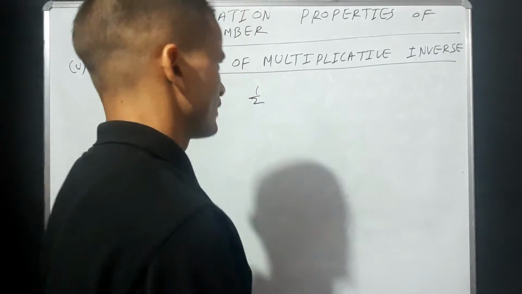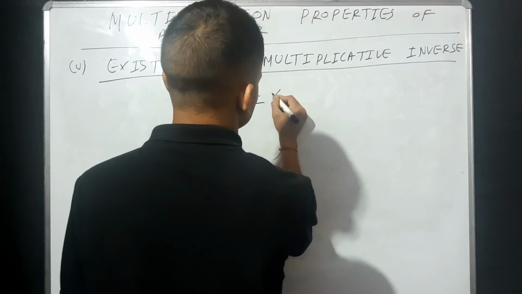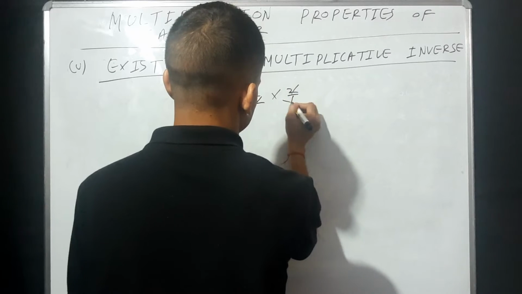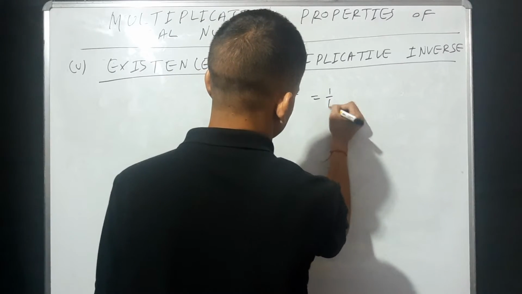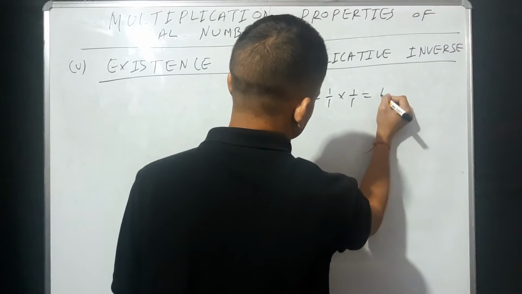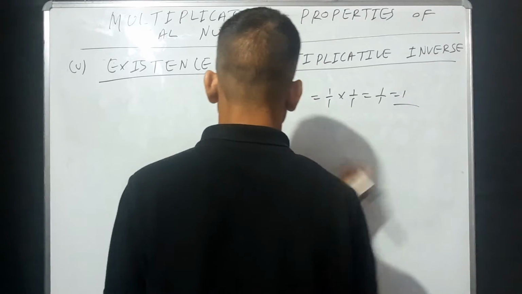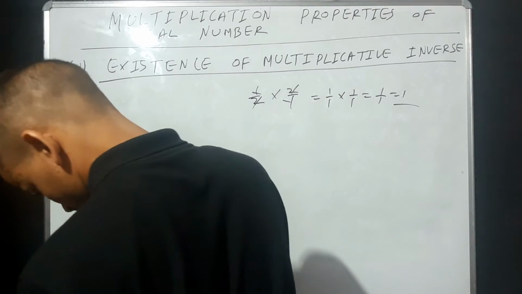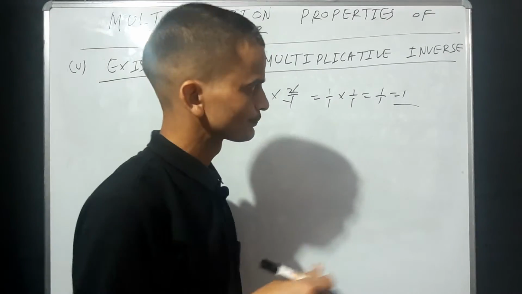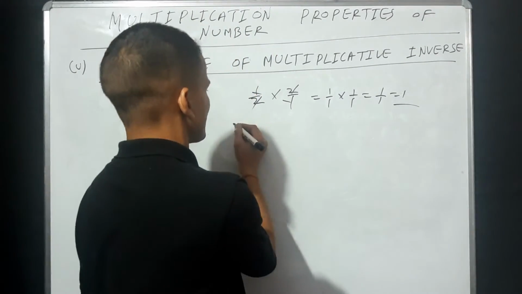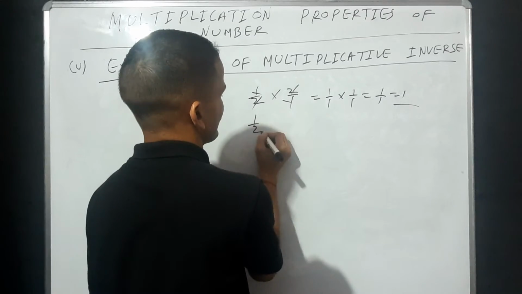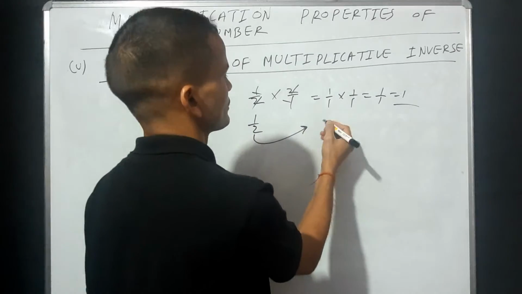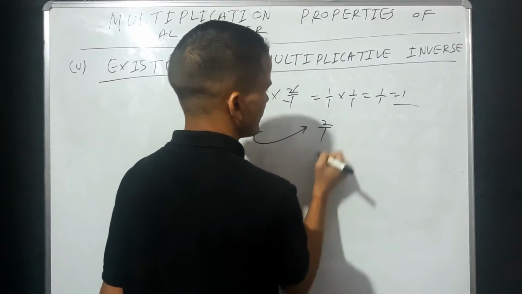When we multiply 1 by 2 with 2 by 1, the 2 and 2 cancel, and 1 by 1 multiplied gives 1. So the multiplicative inverse of 1 by 2 is its reciprocal, 2 by 1.